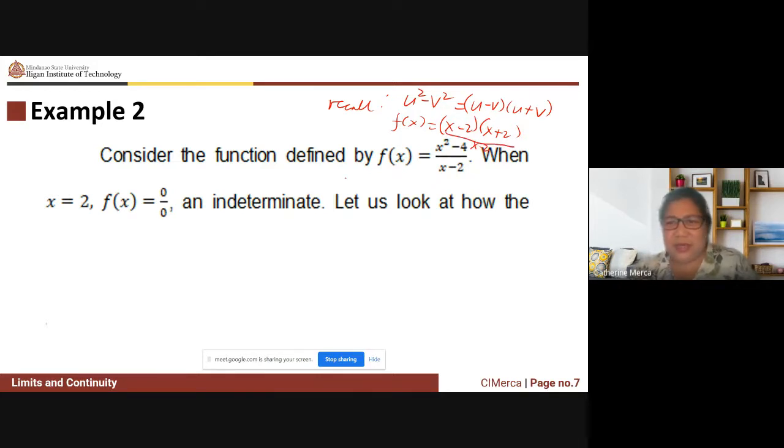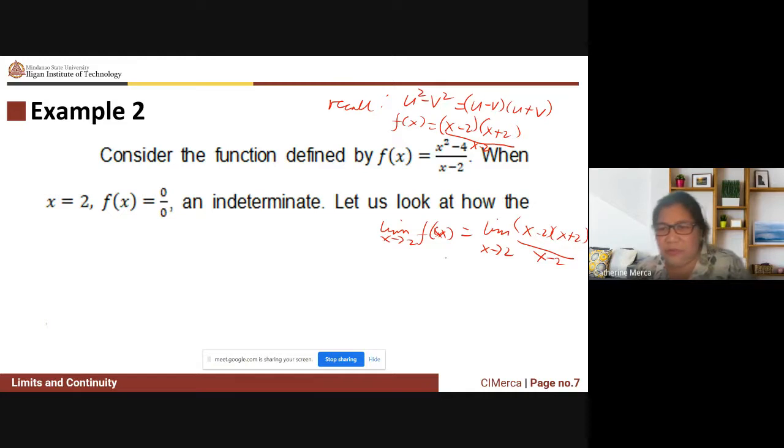So we can now take the limit of f of x as equal to the limit of x minus 2 times x plus 2, all over x minus 2, as x approaches 2. Because it says, let us look at how we approach that one.